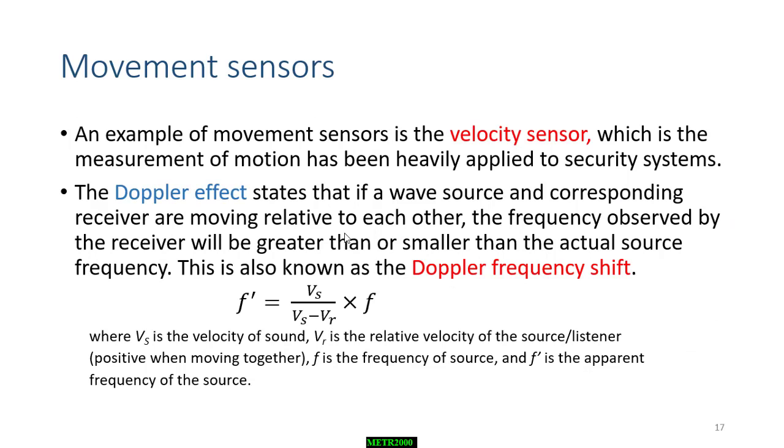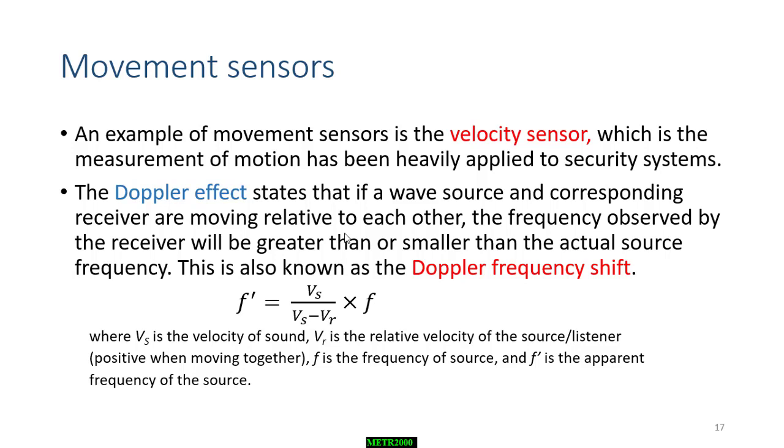Movement sensors, such as the velocity sensors, are based on the Doppler effect, which says that the frequency changes depending on the speed or the velocity of the object. If you ever stood in the road and a car was honking while it passed, you hear the horn of the car changing as the car is moving.